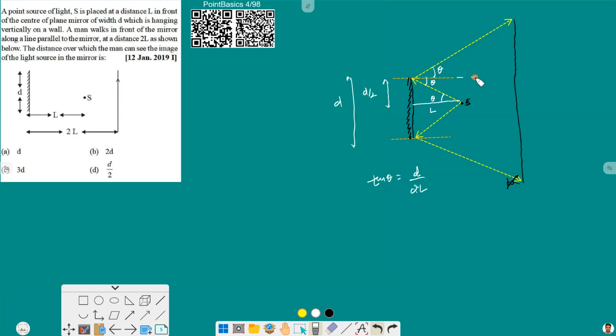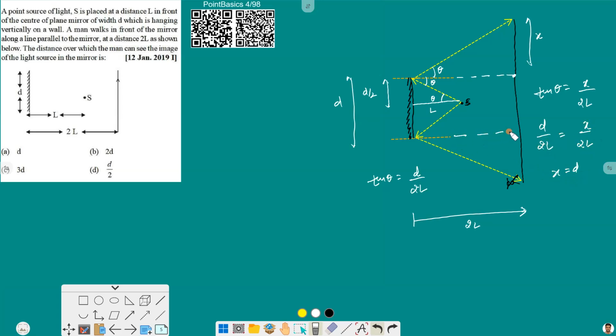Now if we extend it further here, and this distance is mentioned to be 2L, suppose this is x here. In this triangle, we can write that tangent of theta will be x by the base, that is 2L. And here tangent of theta is d by 2L. So d by 2L is equal to x by 2L, and from this, x is equal to d.